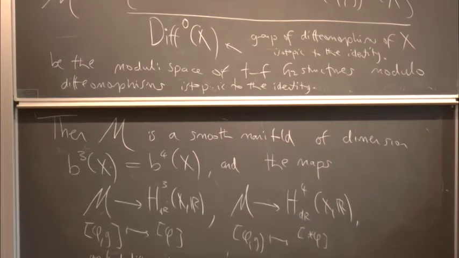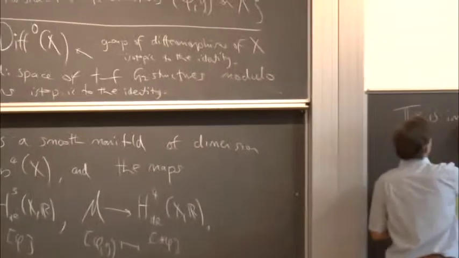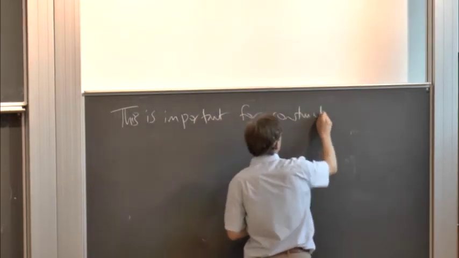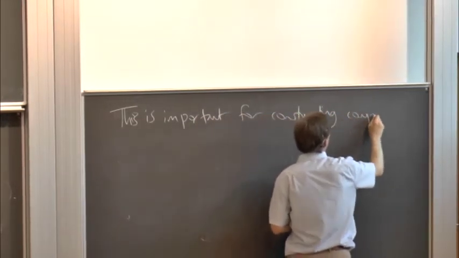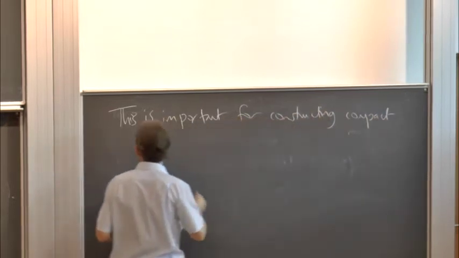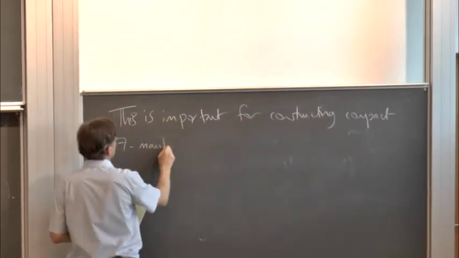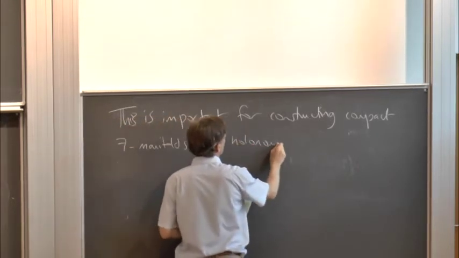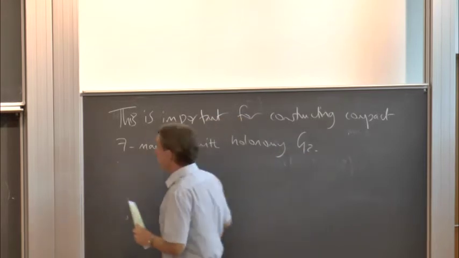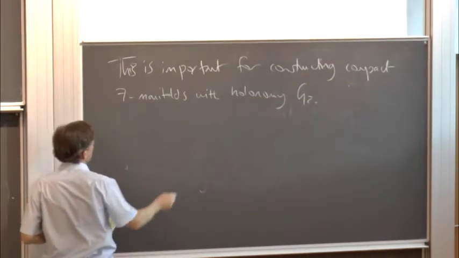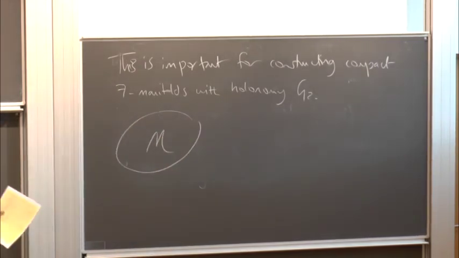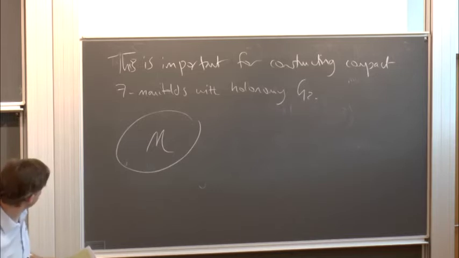So this is important for constructing compact 7-manifolds with holonomy G2. Because if your moduli space M is like this, then M might have a boundary.